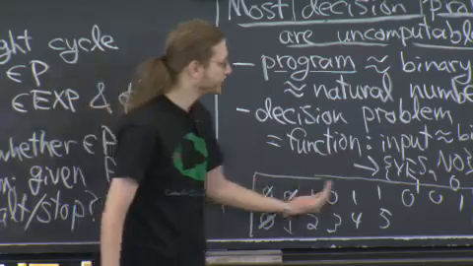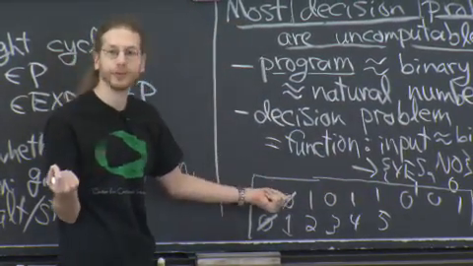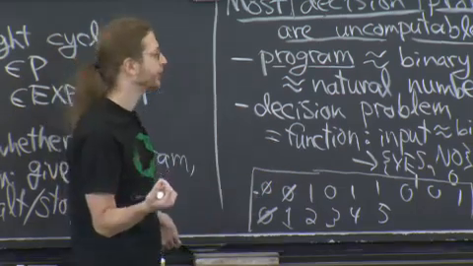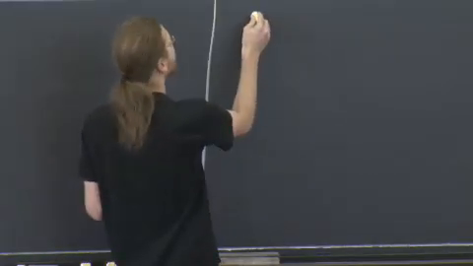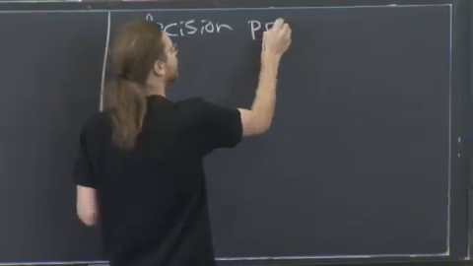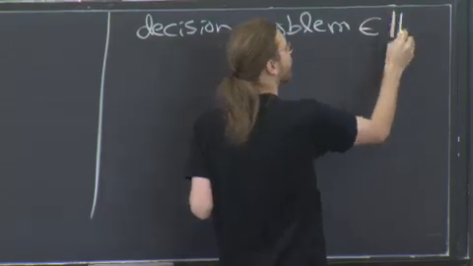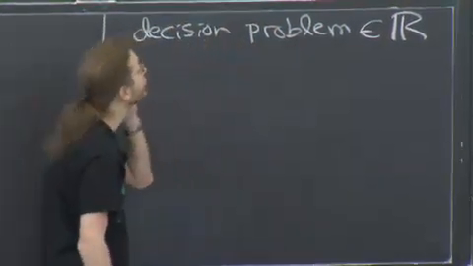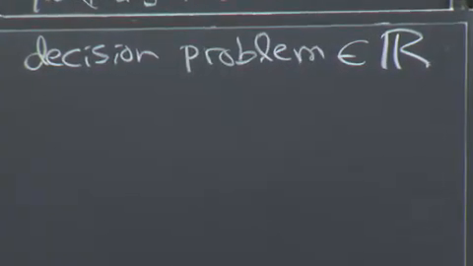But hey, any real number between 0 and 1 can be expressed by an infinite string of bits in this way. So a decision problem is basically something in R, the set of all real numbers, whereas a program is something in N, the set of all integers.